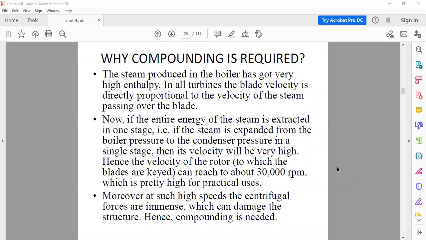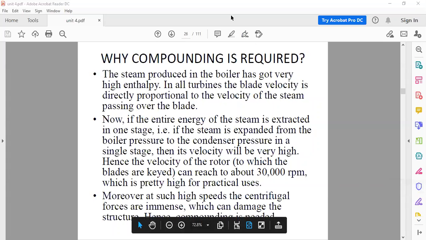So we have to control this speed. This process is called compounding. Moreover, at such high speed the centrifugal forces are immense, which can damage the structure, hence compounding is needed.